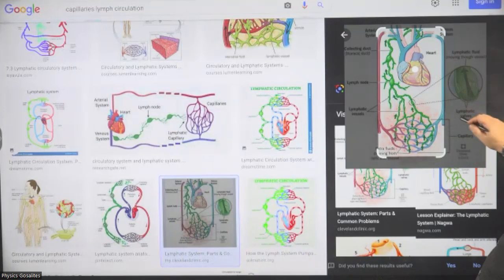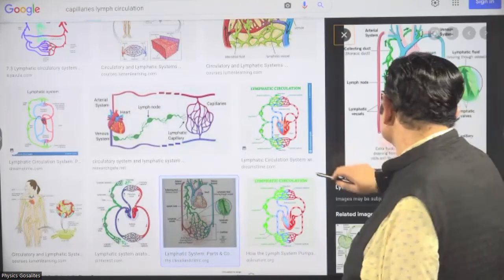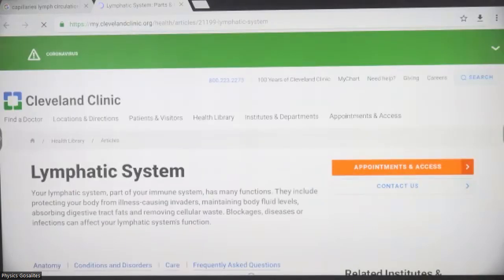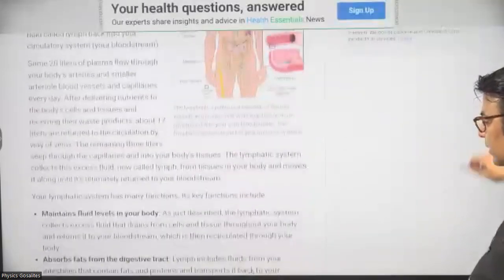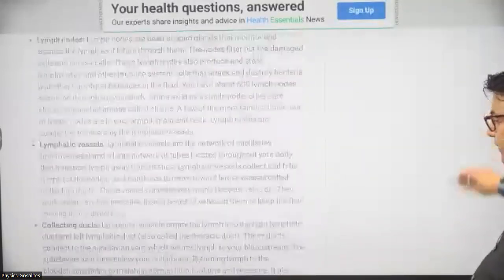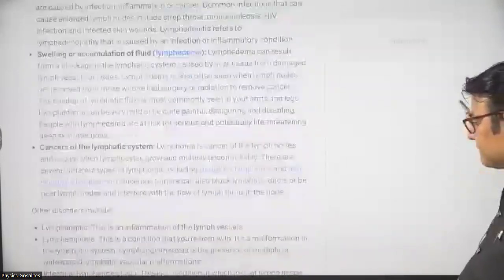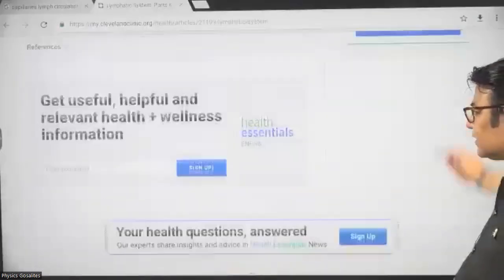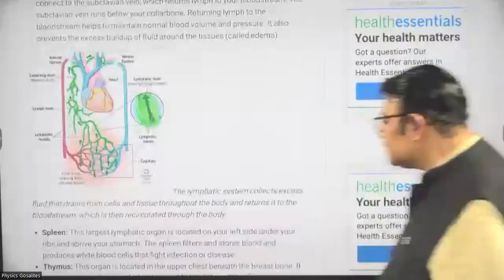We cannot open this picture directly. If we open it, then that page is not opening. Lymphatic system, and the pictures are not there. All the details are there, but we got that picture. Done.